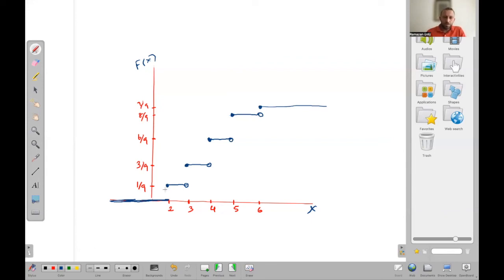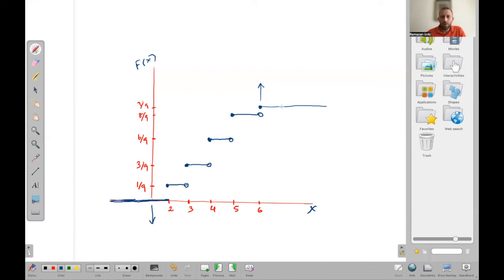So we can deduce some useful things from the CDF graph. We can say that F(x) cannot be greater than 1, and it cannot be less than 0. This is the first property of the CDF. Also, it's a right continuous function, right?